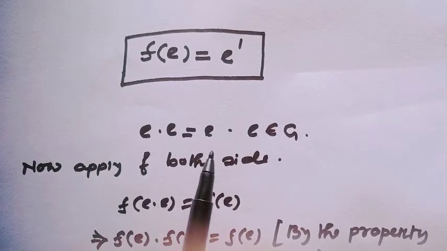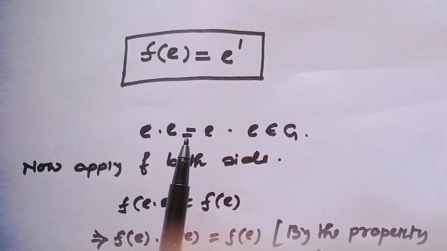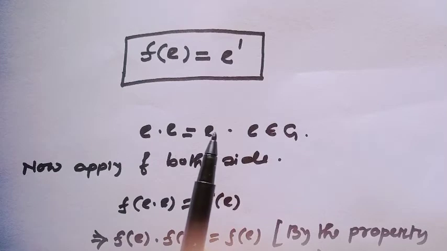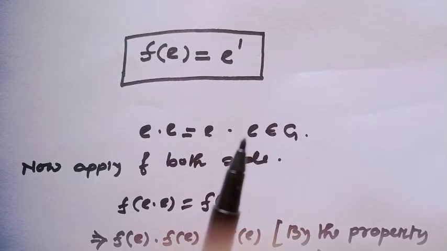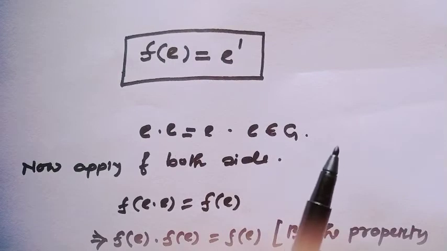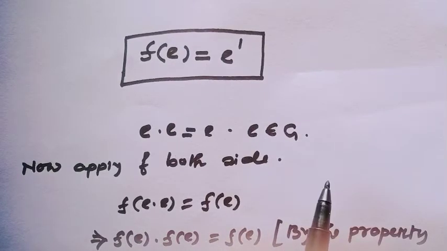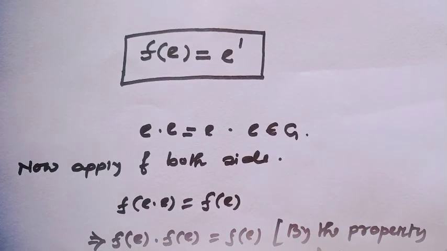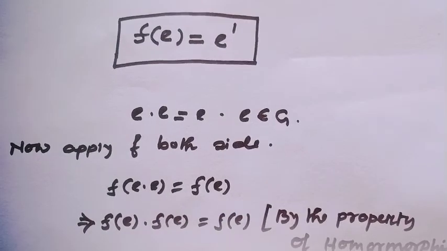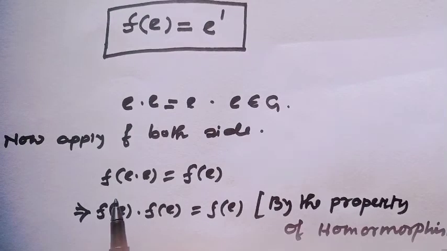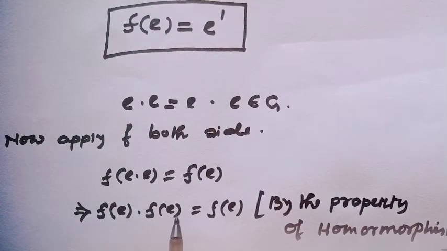In a group G, e times e equal to e. e is the only element of the group which has this property. Now apply f to both sides. Then I get f of e times e equal to f of e. And by the property of homomorphism, we can write f of e times f of e, which is equal to f of e.